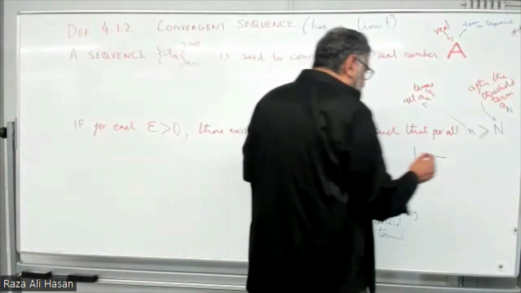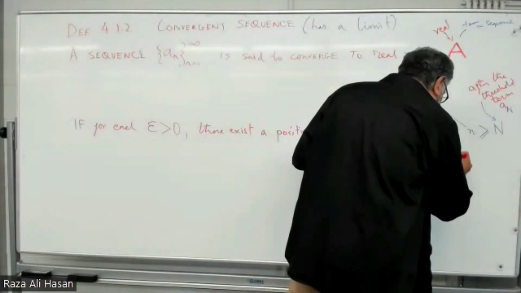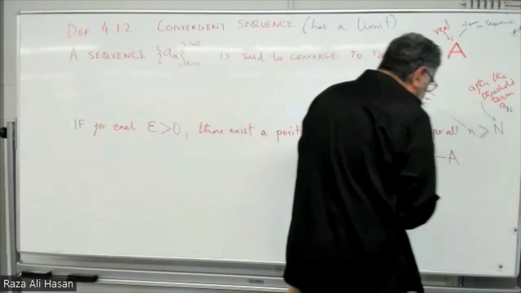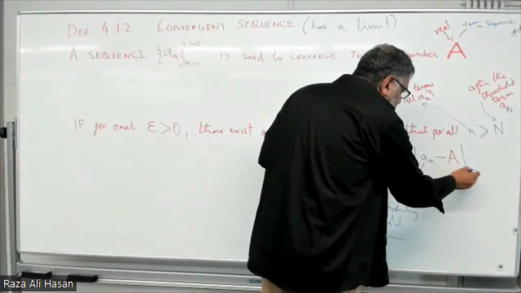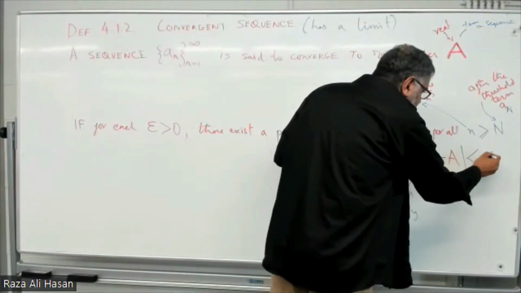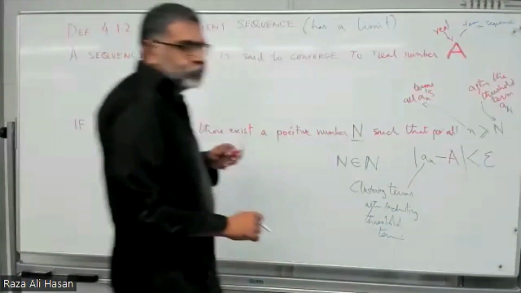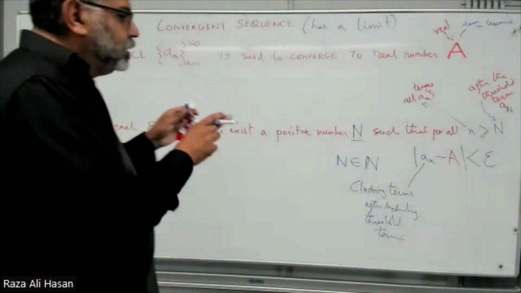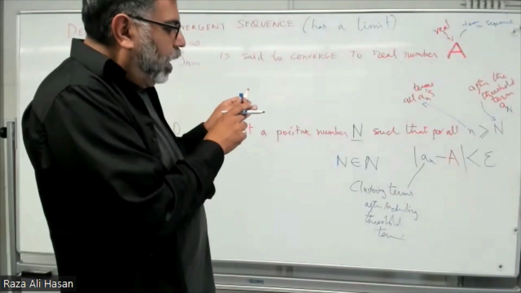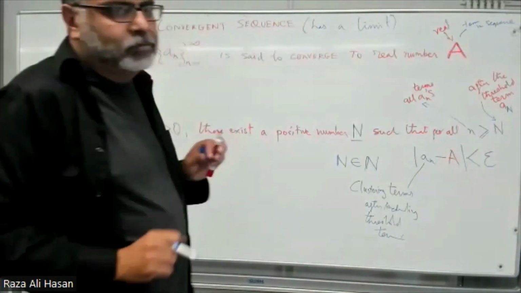are at a distance from the limit A, are within epsilon distance of A. So all the distances between the terms that cluster around A are within epsilon.